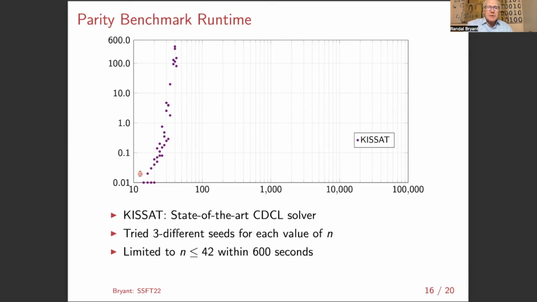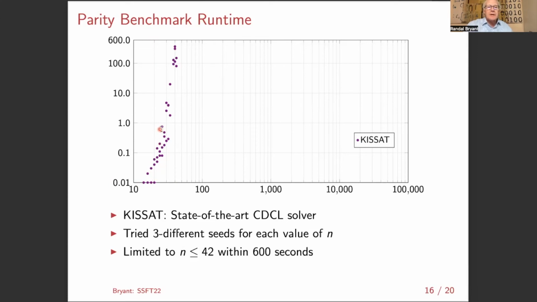In particular, on a log-log plot, if something is polynomial, it should be a straight line. And here you'll see the general trend is not straight. It's an upward curve, and that shows you that it's worse than polynomial. In particular, it's exponential. So for fairly small values of n, it runs in well under a second.